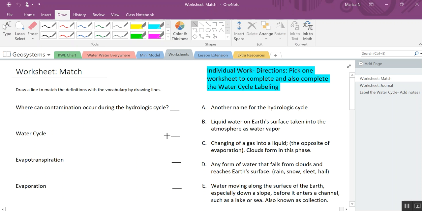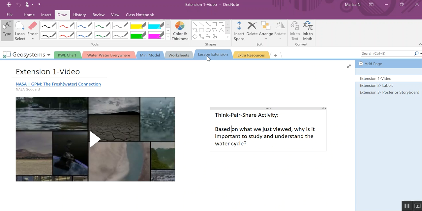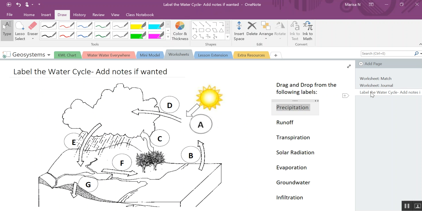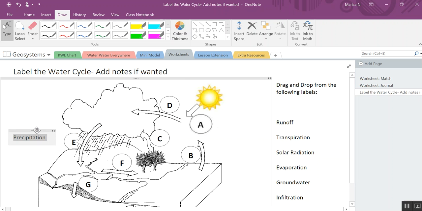And here's just a small sample of the second worksheet. The journal provides another opportunity for students to share their understanding of the content thus far in the lesson. For the second worksheet, students can simply drag and drop the vocabulary in the right spots for the water cycle diagram.